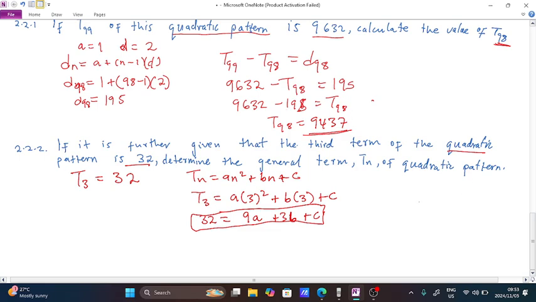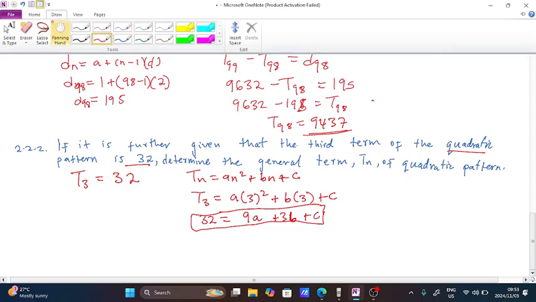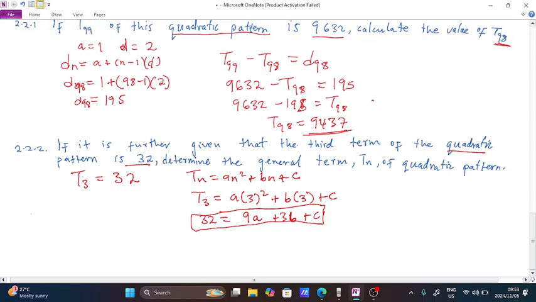Right. Now, determine the general term of the quadratic pattern. We had our first difference. What was the first difference in that case? Our first difference was 1, 3, 5. We know that from the first difference we get the second difference, 2 and 2.